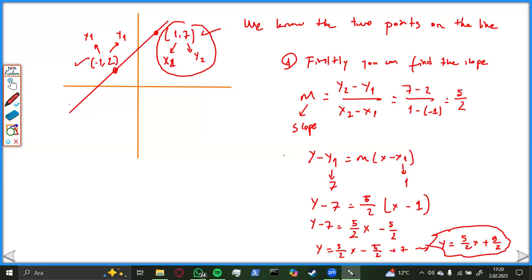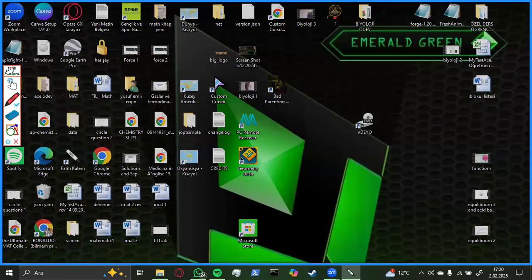But if you ask me, this way is harder than the other one, because you need to remember two different formulas. Another way is simpler, if you ask me. Let's look at the other option.